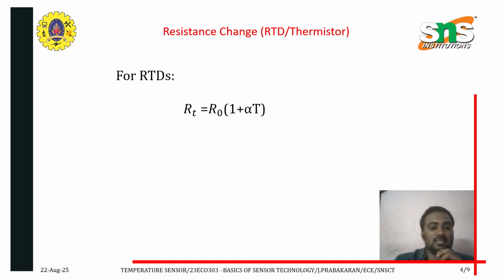And this is the formula for resistance value: R suffix T equal to R naught into 1 plus alpha T. R suffix T, the resistance at the temperature T. Resistance at 0 degree Celsius is represented by R naught, and alpha is nothing but the temperature coefficient of resistance.